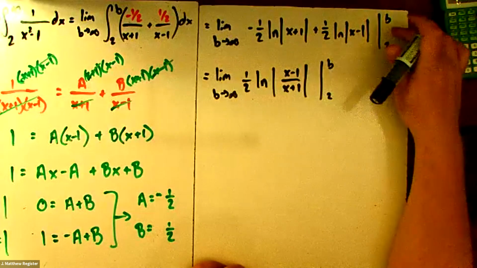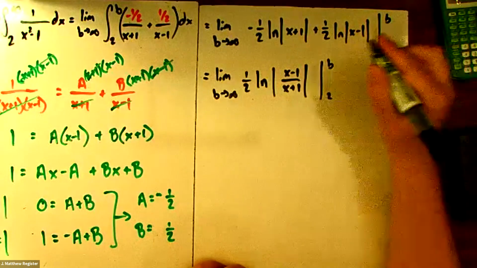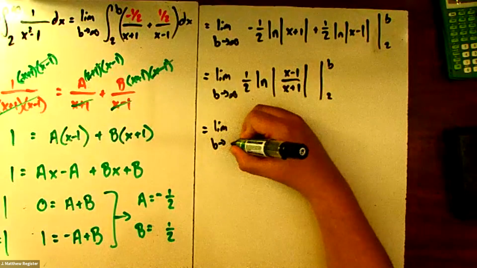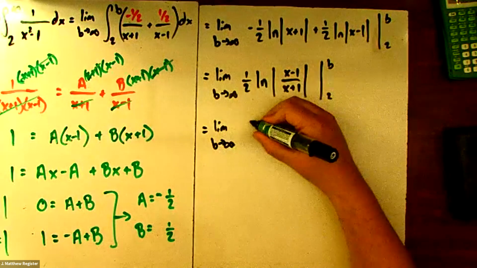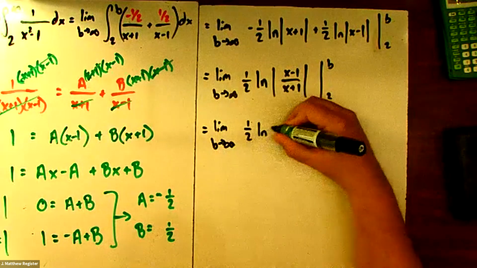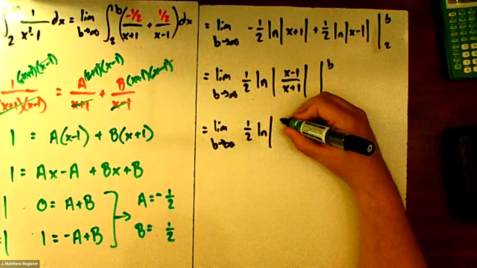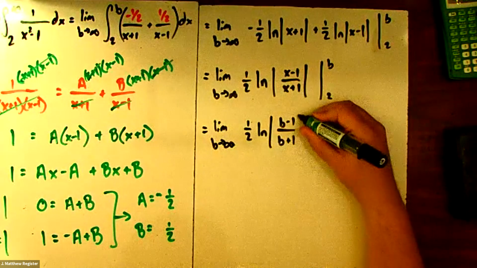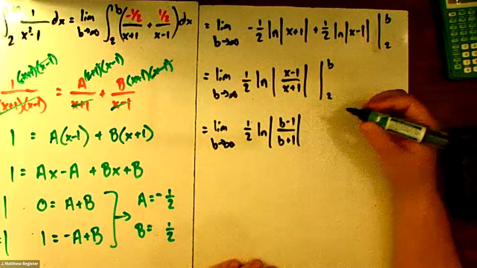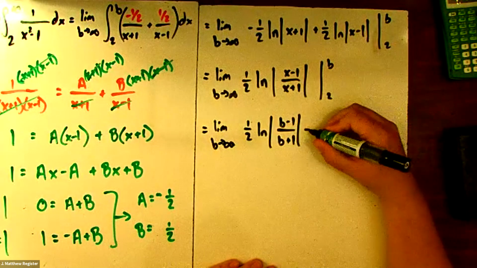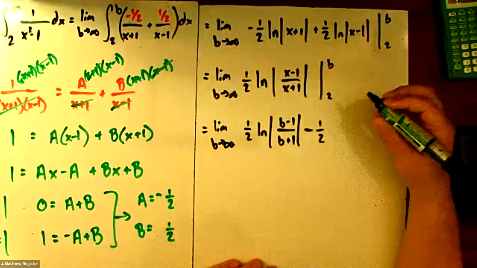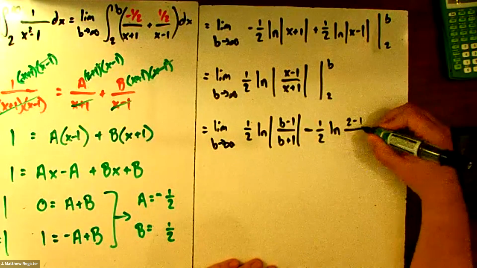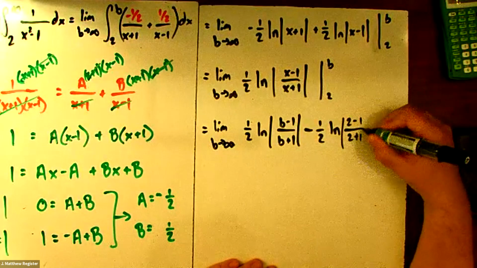The reason I did that is because I'm pretty sure when we actually plug b in, something interesting happens. So limit as b goes to infinity, it's going to be 1/2 of the natural log of the absolute value of b minus 1 over b plus 1, minus 1/2 the natural log of 2 minus 1 over 2 plus 1.